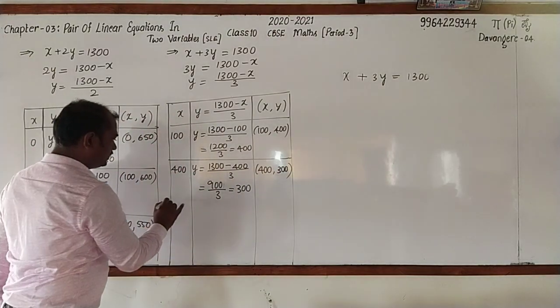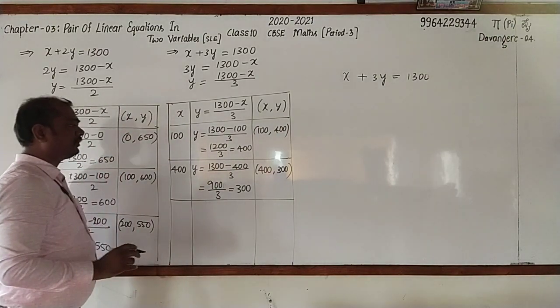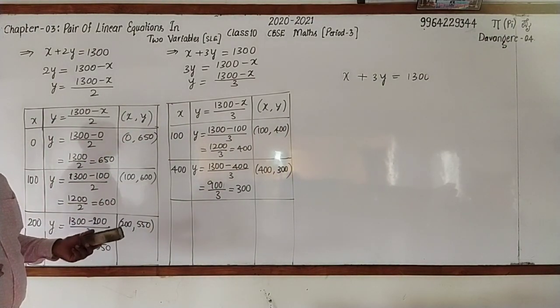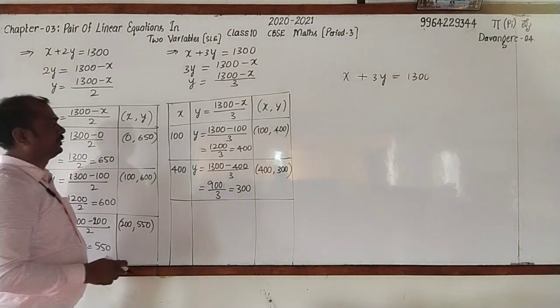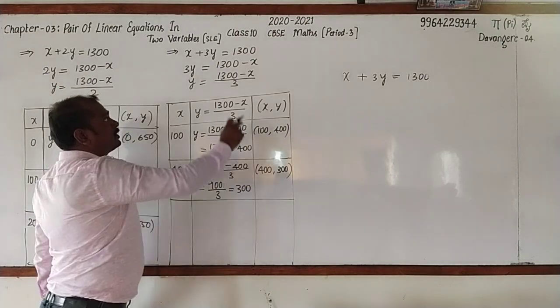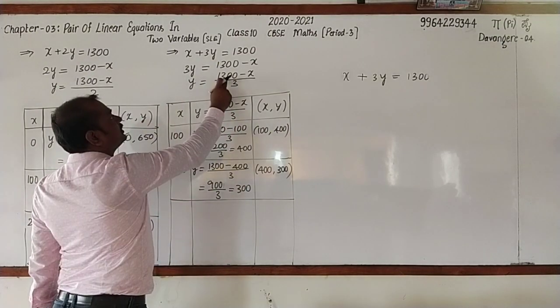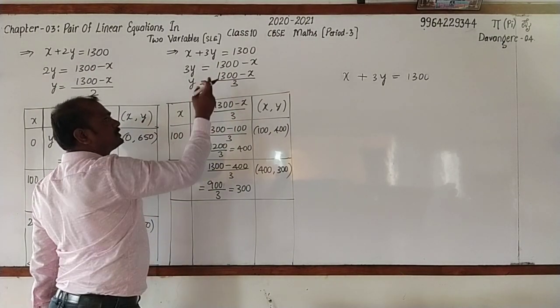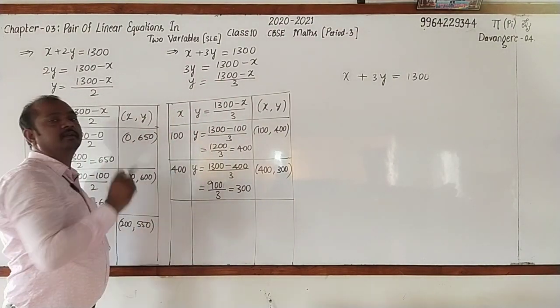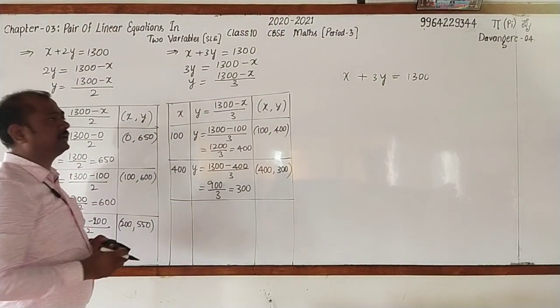Clear? Now, can we go for taking any other number? Two numbers are actually enough, but you can go for one more. If you take 500, 600, 500 can we take? If it is 500, it will be 800, which is not divisible by 3. 600, it will be 700, which is not divisible by 3.